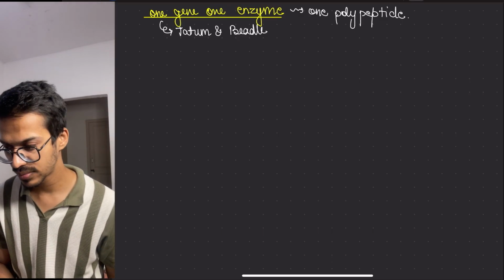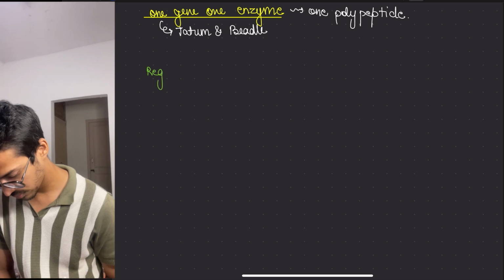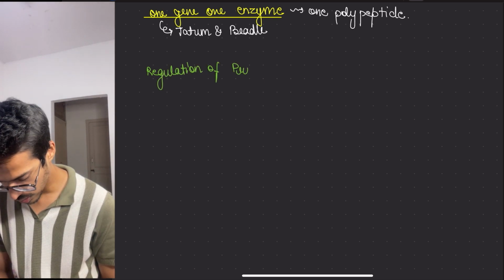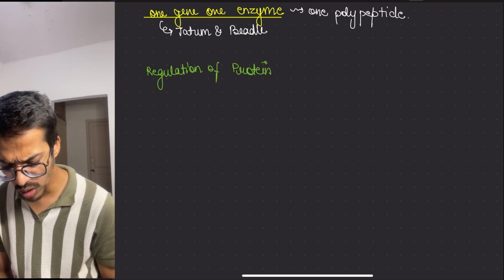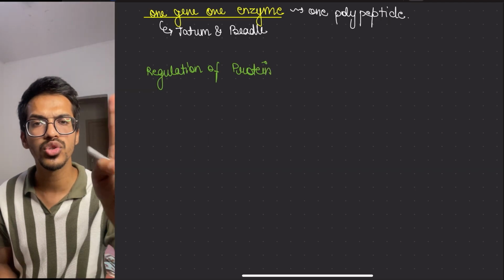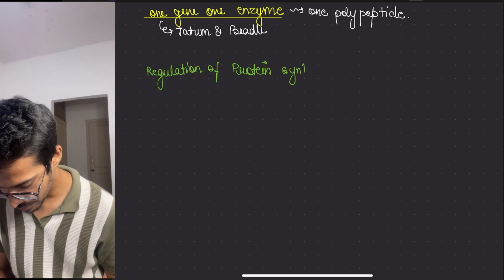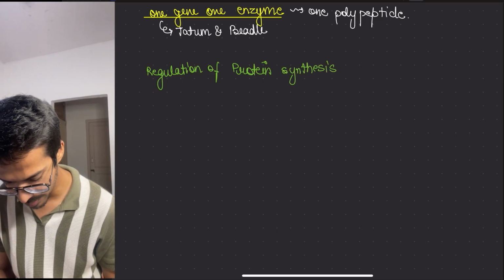Protein synthesis. So next is regulation of protein synthesis. It means at what step we can check it to stop it or see whether it has taken place or not. So at what step can regulation of gene expression be done?